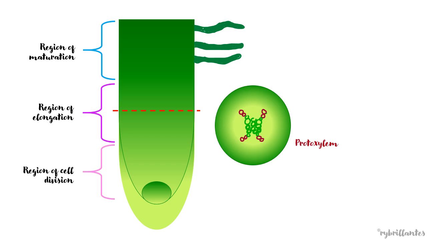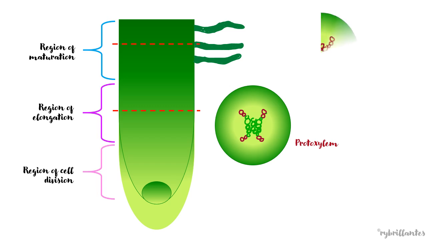But at the core of the stele, the middle part of the stele, the cells still have thin primary walls. So when stained with methyl green, they still appear green. But as the cells elongate further and as they reach the region of maturation, let's take a look at the section taken at the region of maturation.